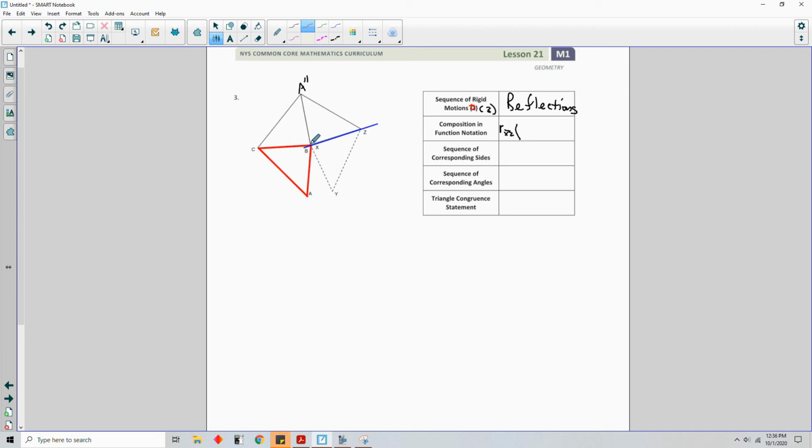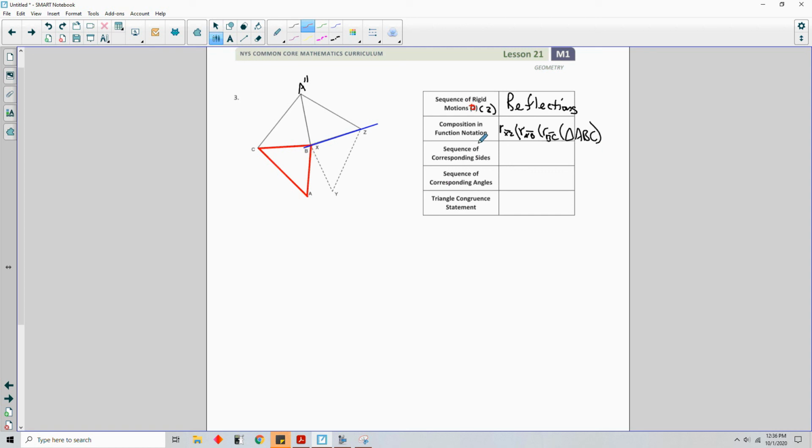I'm going to call this segment here A prime B. So then we reflect across A prime B. And then we reflect it again, third reflection, and this time it's going to be across segment BC. I forgot my segment up here. So reflection XZ, reflection A prime B, reflection BC of triangle ABC. There's our composition in function notation.